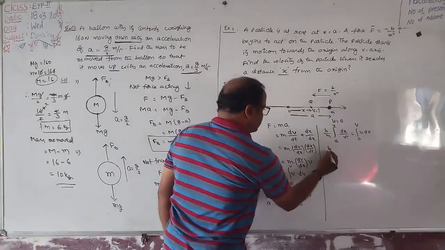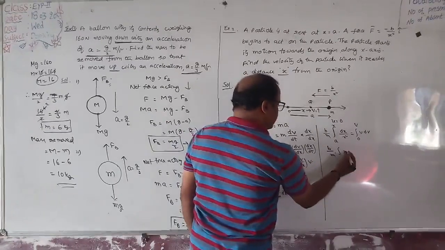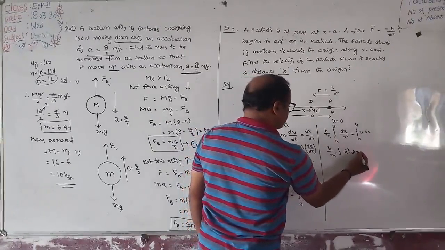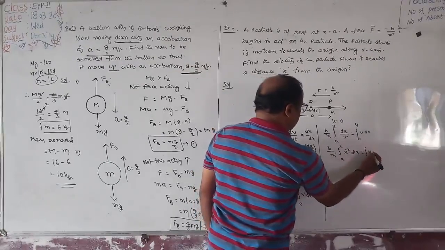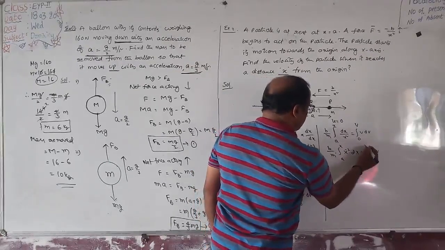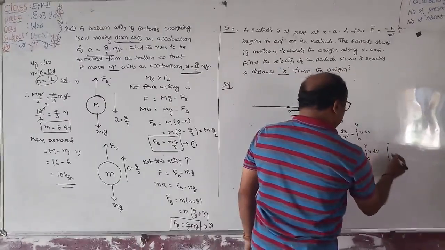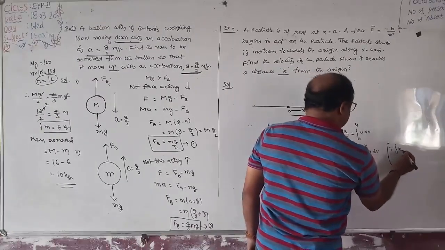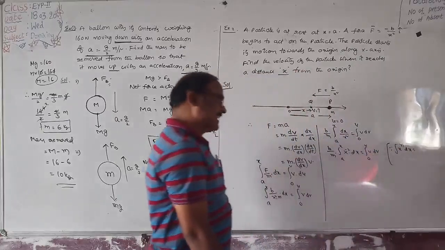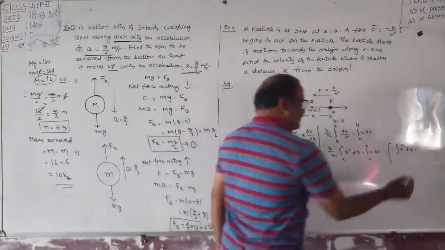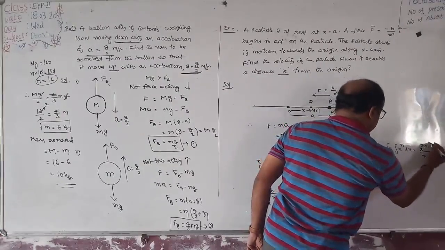Or for our convenience, it is equal to b by m into the integral of 1 by x square, which is x power minus 2, into dx, limits from a to x, is equal to the integral of v dv from 0 to v. Now let's do the integration. You know some integration formulas. Remember this formula: the integral of x power n into dx is equal to x power n plus 1 by n plus 1.